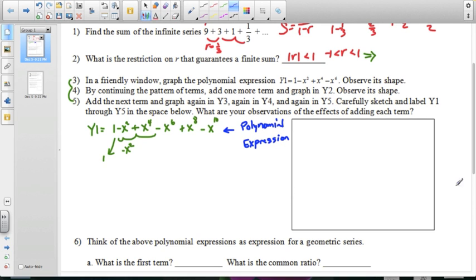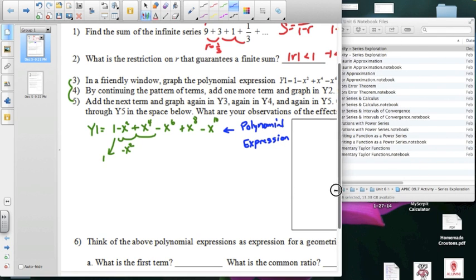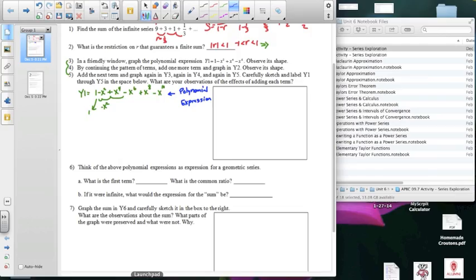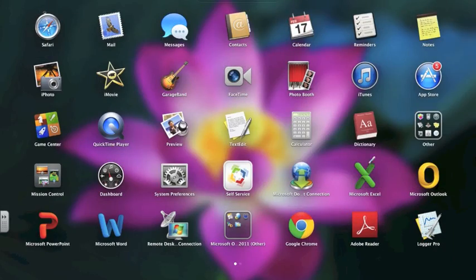can be graphed. And so if we graph that polynomial expression, let's get the graphing calculator out here.